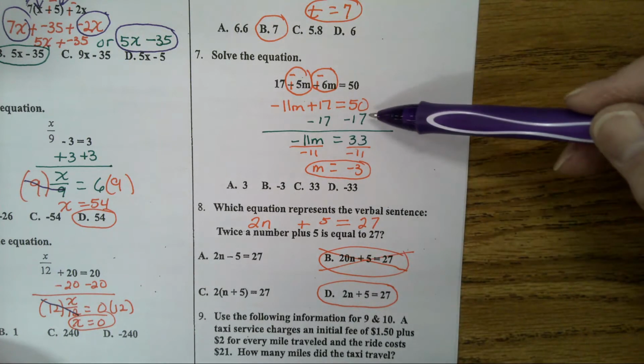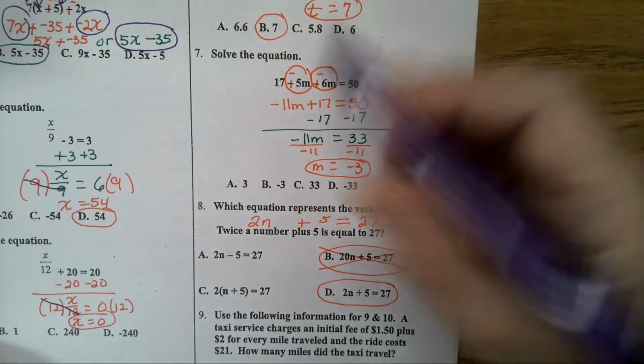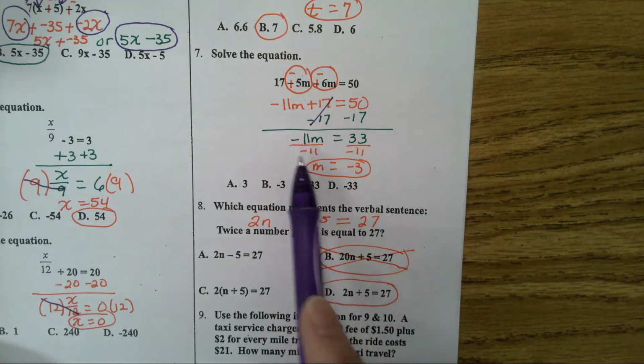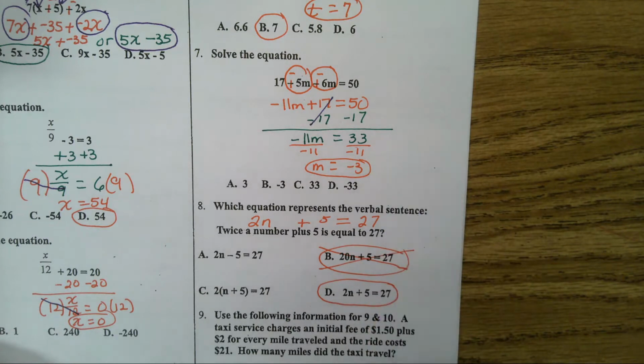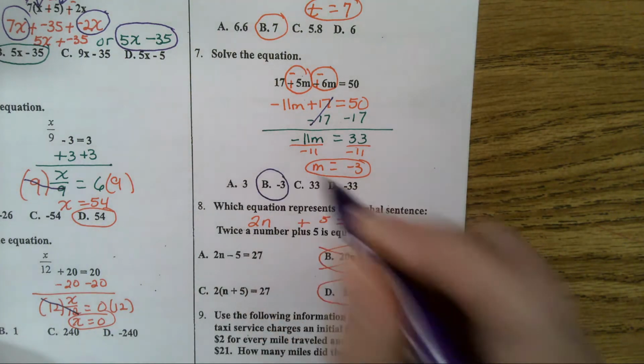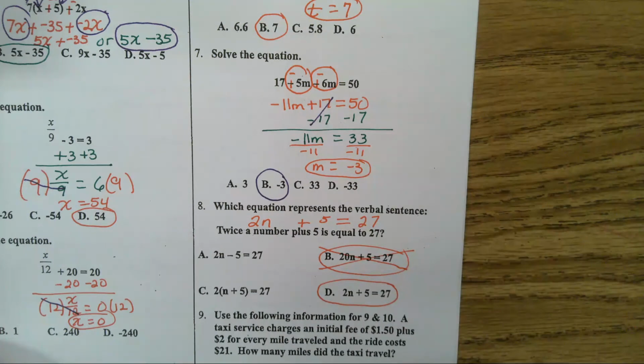Subtract 17 from both sides. Now you have negative 11m equals 33. Divide both sides by negative 11. 33 divided by negative 11 is negative 3. B, negative 3. Any questions?